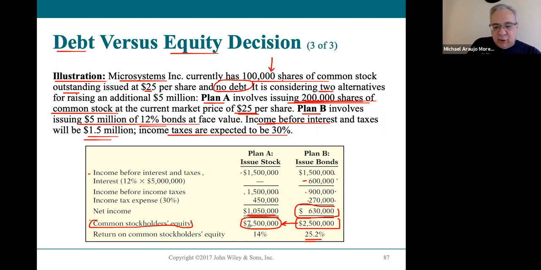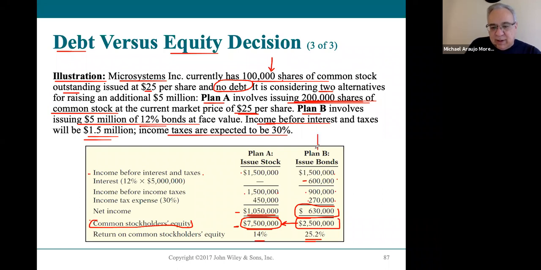If they went ahead and issued more stock, they would be more profitable. 1.1 million is a bigger profit than that. But their ownership would be diluted because now they would have $7.5 million of stockholders' equity rather than $2.5 million. So when you divide this 1 million of income among all these owners, you're only talking about a 14% return.